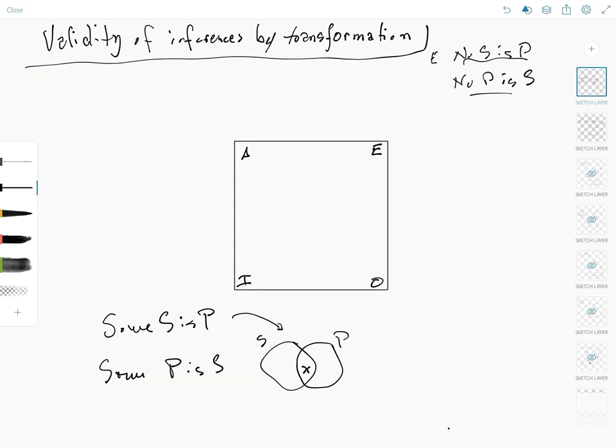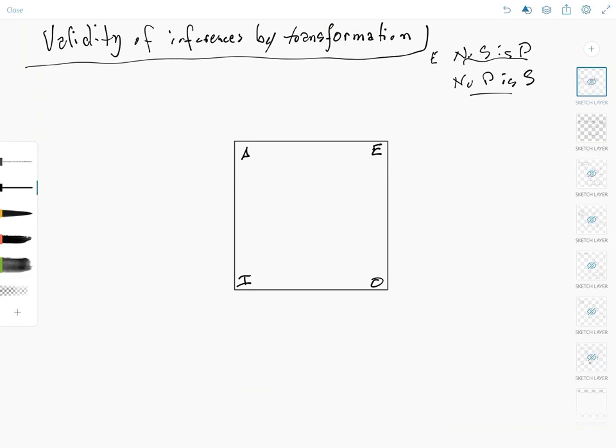Some S is P. If some S is P, that means there's at least one S in the P circle. But look, if there's at least one S in the P circle, then there's also at least one P in the S circle. So if this diagram represents the relation between S and P, the information on this diagram requires this to be true.